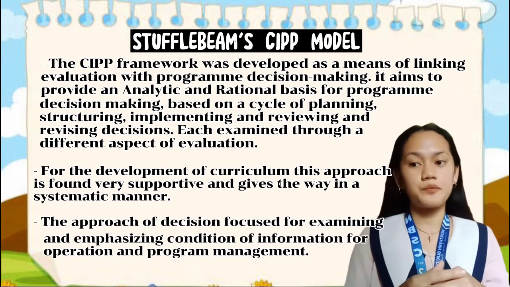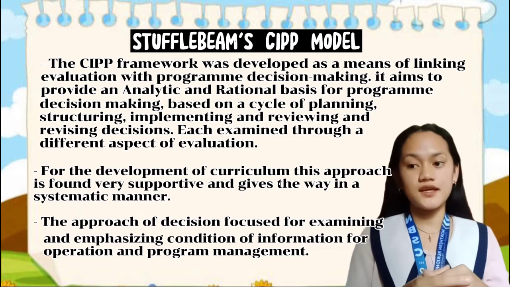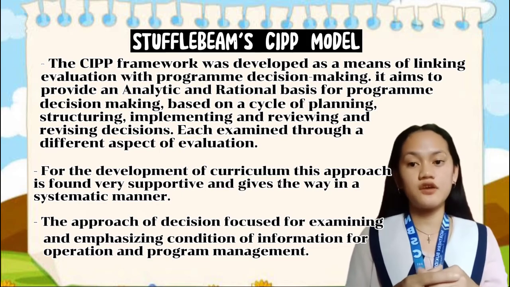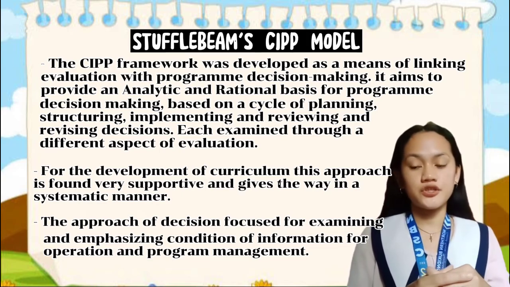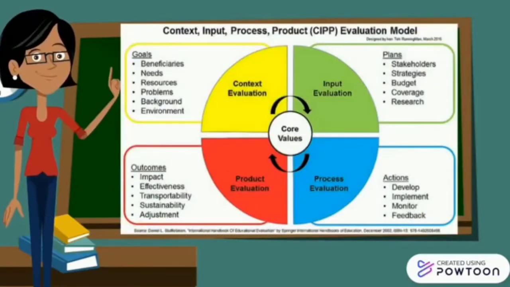It refers to the decision-focused approach for examining and emphasizing the organized condition of information for operation and program management. The CIPP evaluation model. The first is context evaluation. Under it are the goals that include beneficiaries, needs, resources, problems, background, and environment.